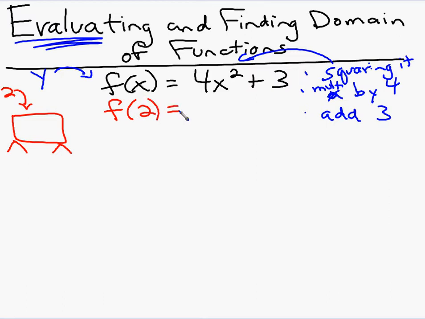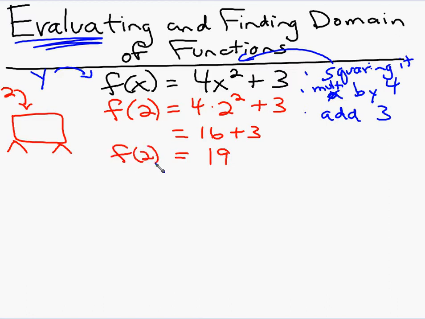And now let's see what value the machine spits out. We're going to square the 2, multiply it by 4, and add 3. You just replace the x with the 2. So 2 squared is 4, 4 times 4 is 16, 16 plus 3 is 19.